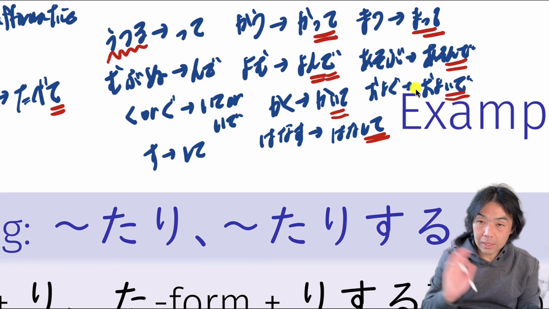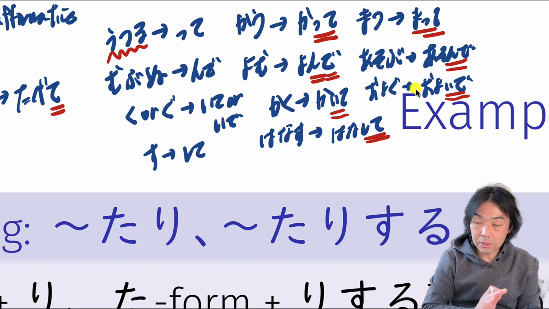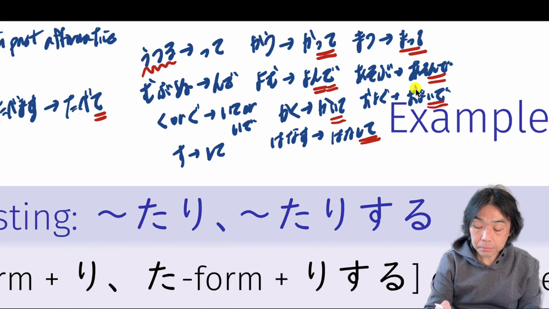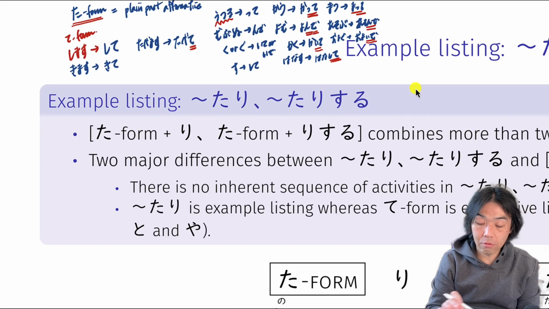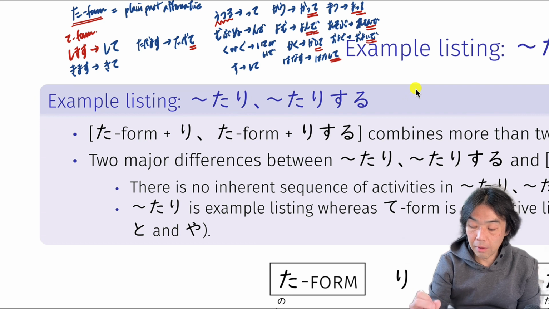So, assuming that you're already comfortable with te form, all you have to do to get ta form is to change te to ta or de to da. Okay?